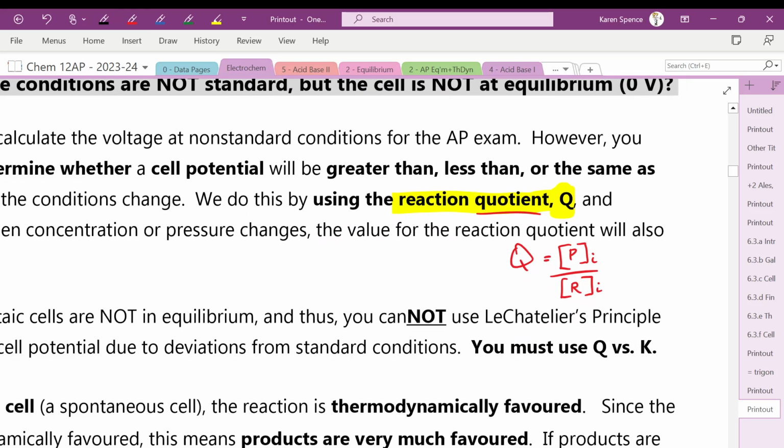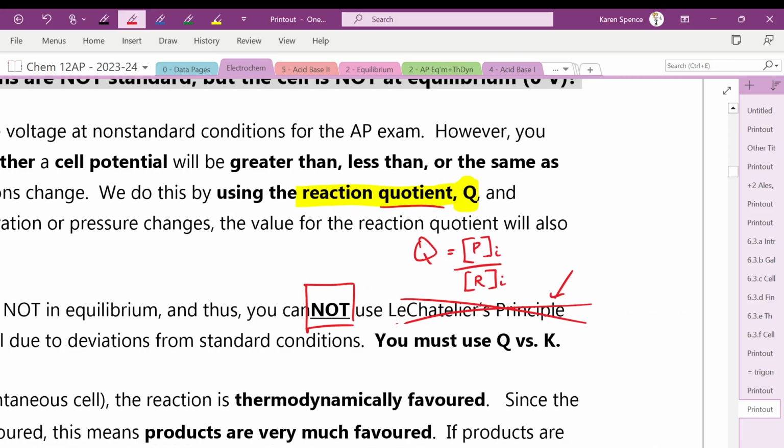We cannot use Le Chatelier's principle. No. Don't. Which makes me sad because that's how I used to teach this when I was just teaching this to regular Chem 12. I would teach it in terms of Le Chatelier's principle because it's really easy to think about it that way. Okay? I'll mention it, but we're going to explain it using Q because AP does not want you explaining in terms of Le Chatelier.